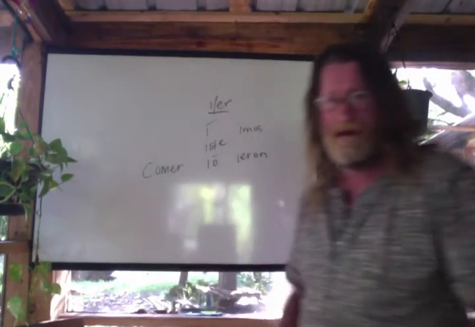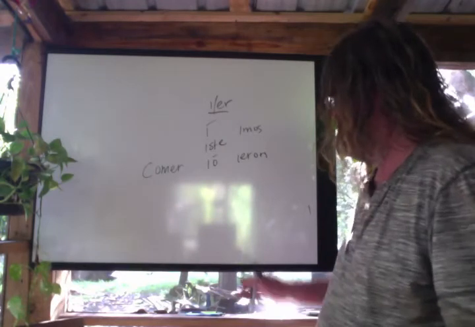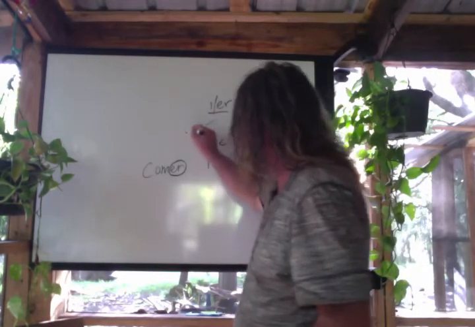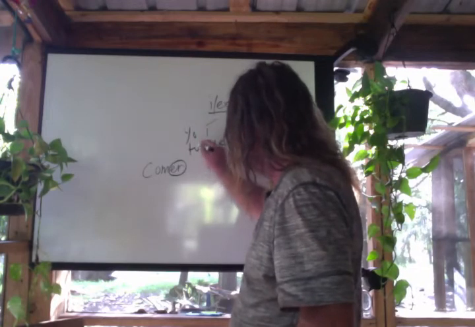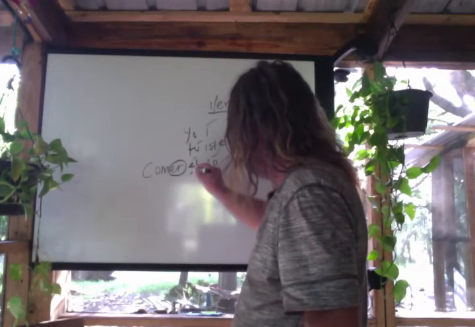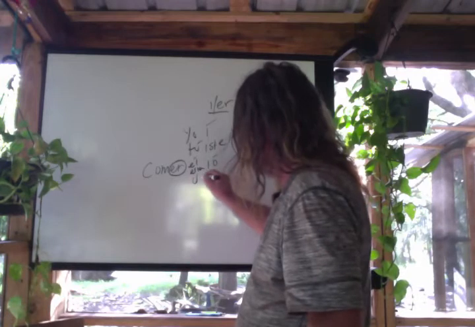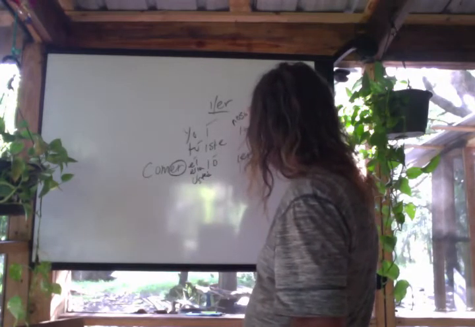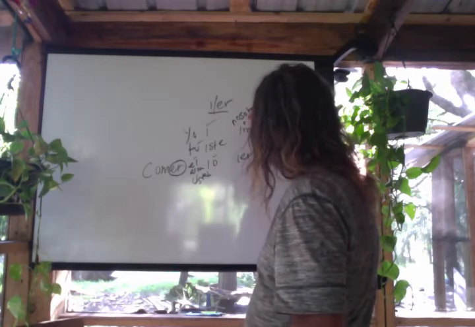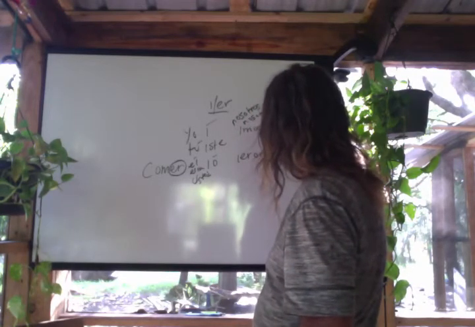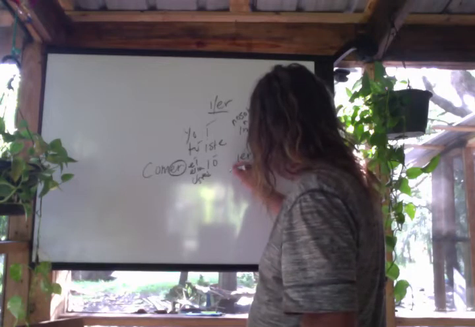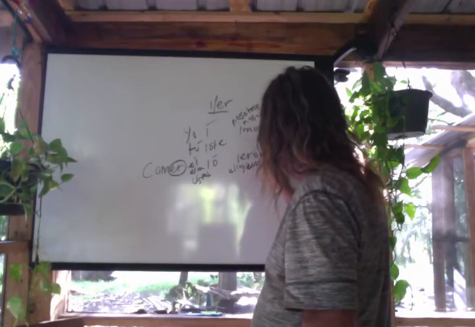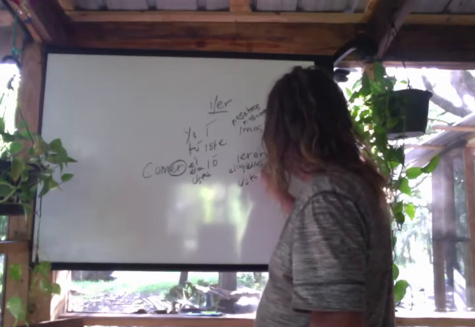Comer, we want to drop off the ER and then add these for the yo form, the tú form, the él, ella, usted form, the nosotros form, the nosotras form, and the ellos, ellas, and ustedes form, the y'all form.